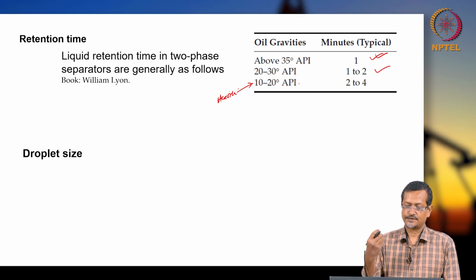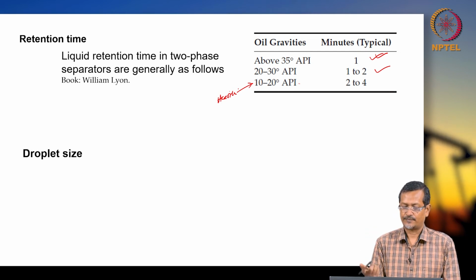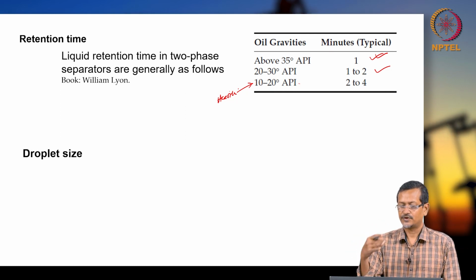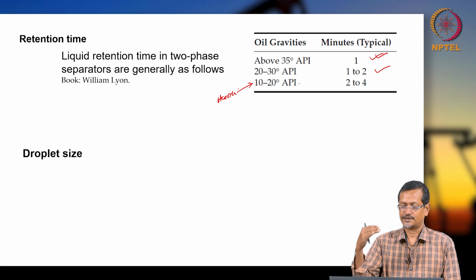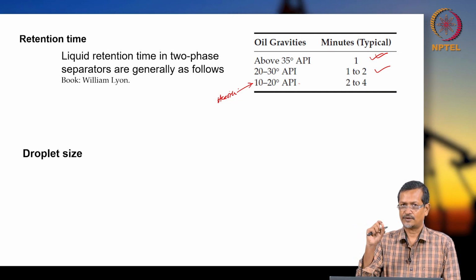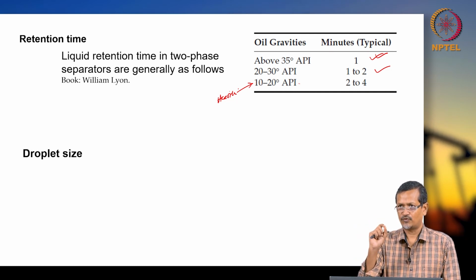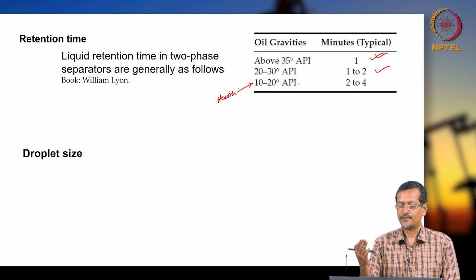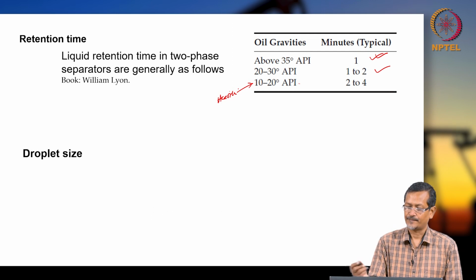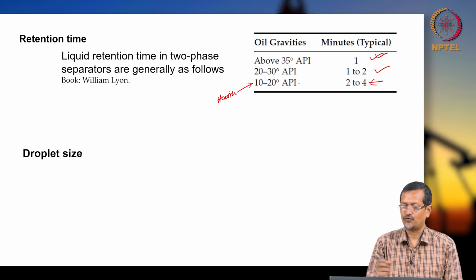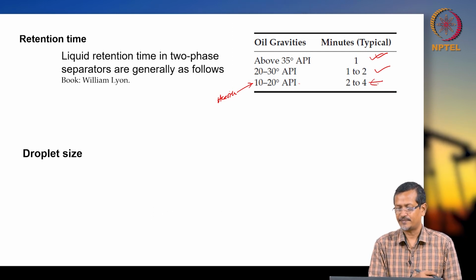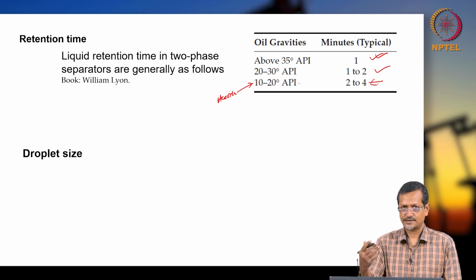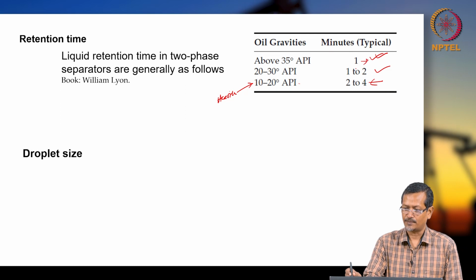Heavier oil means the particle settlement rate will be lower, because density and viscosity are different, so particles will not settle quickly and it will take more time to settle. So you give more time, like 2 to 4 minutes. Above 35 degree API is very light oil, so you give a very low retention time, that is 1 minute.